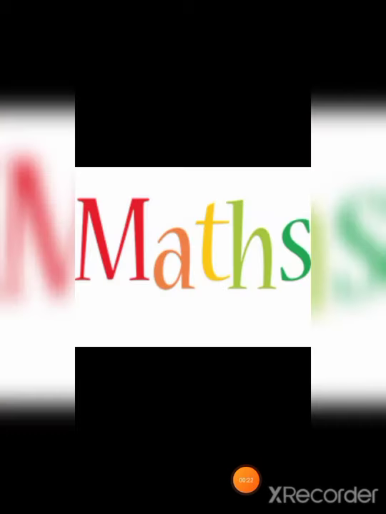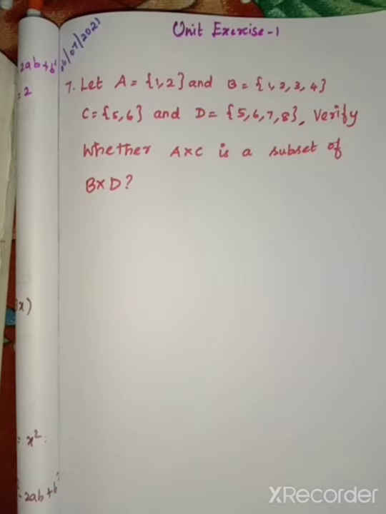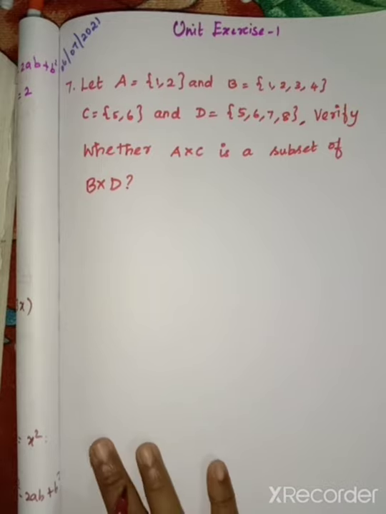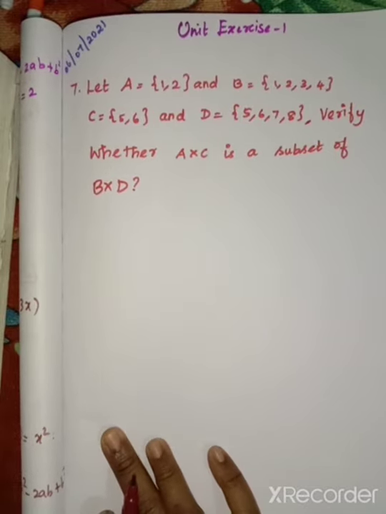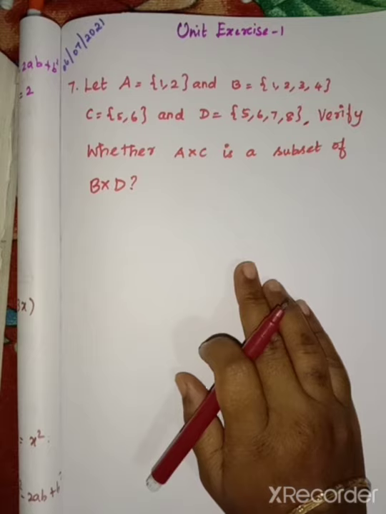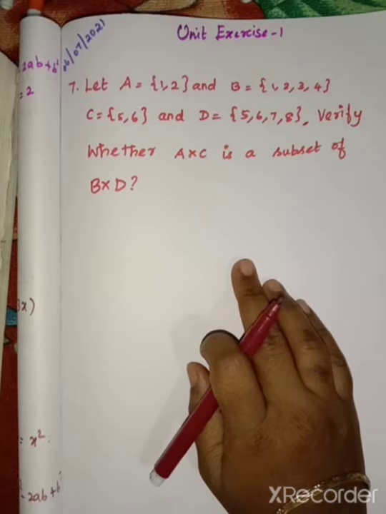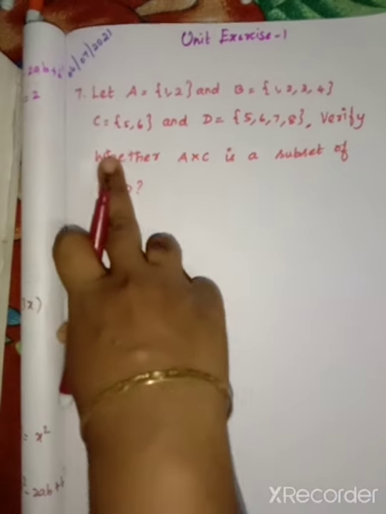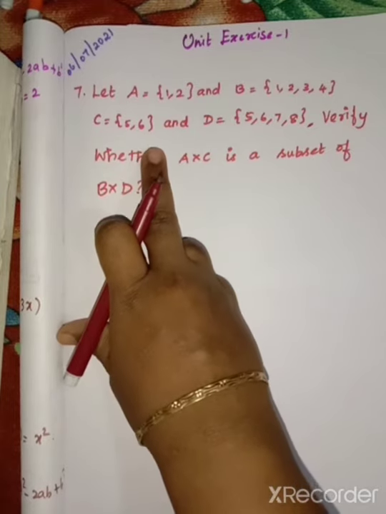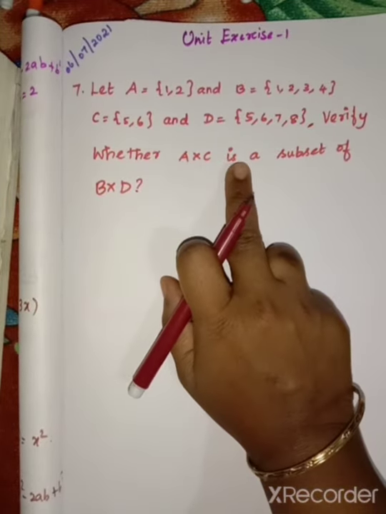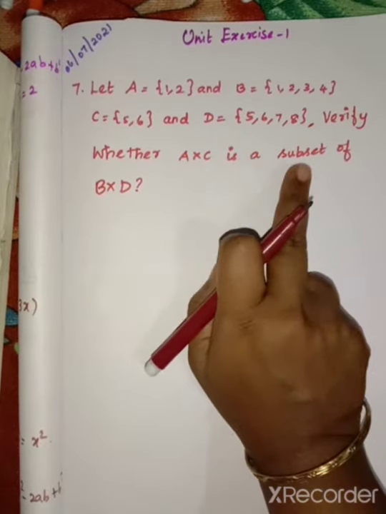Let's start the session. Unit exercise 1, seventh question. Let A equal to set of 1, 2 and B equal to set of 1, 2, 3, 4, C equal to set of 5, 6 and D equal to set of 5, 6, 7, 8.